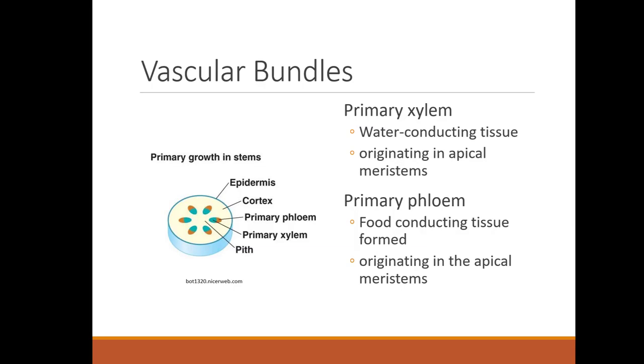So primary xylem is the water conducting tissue. This originates in the apical meristems, both in the roots and in the shoots. And primary phloem, this is the food conducting tissue, and this is where it's formed, and it's also originating at the apical meristems.